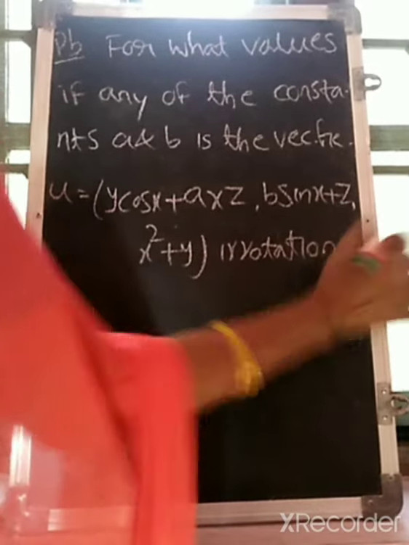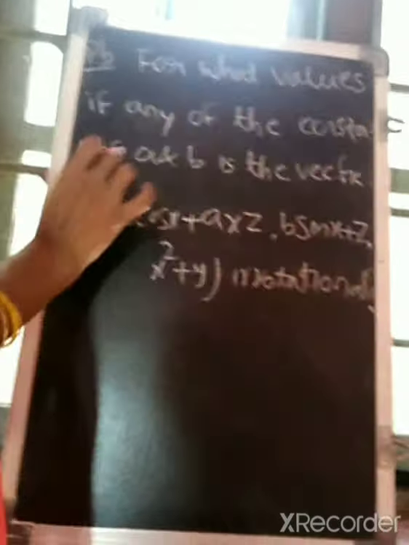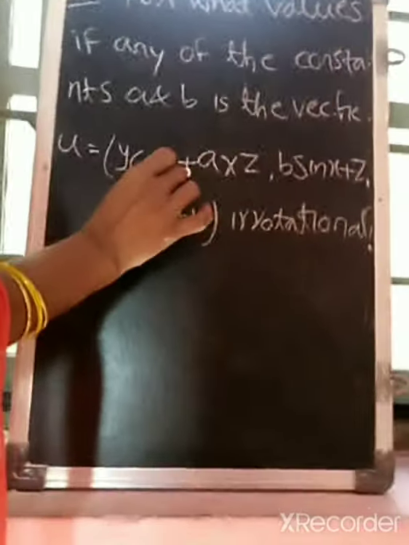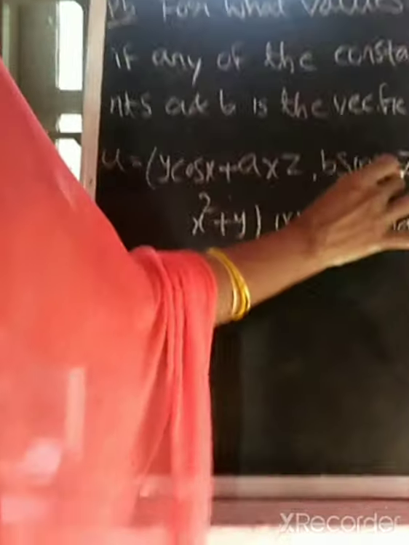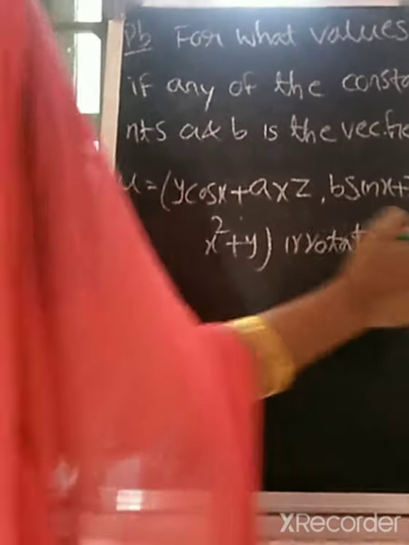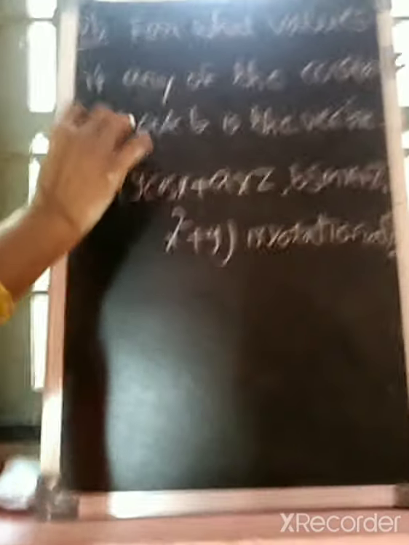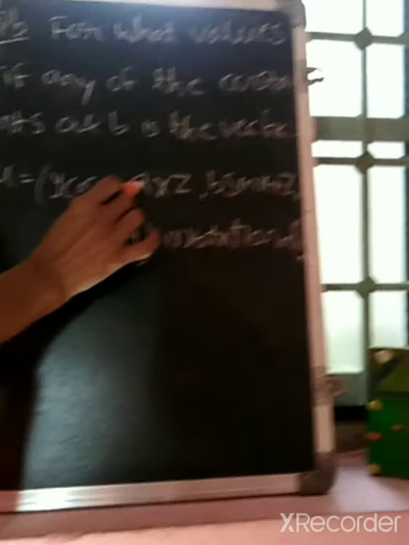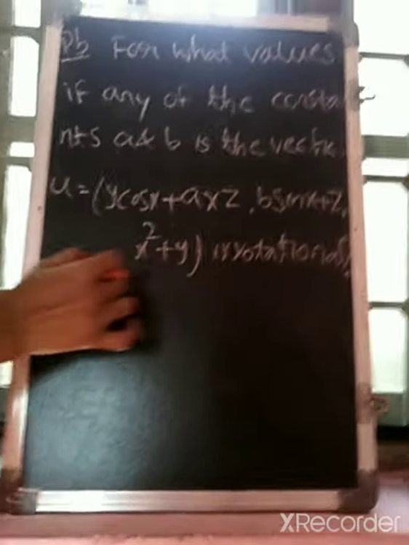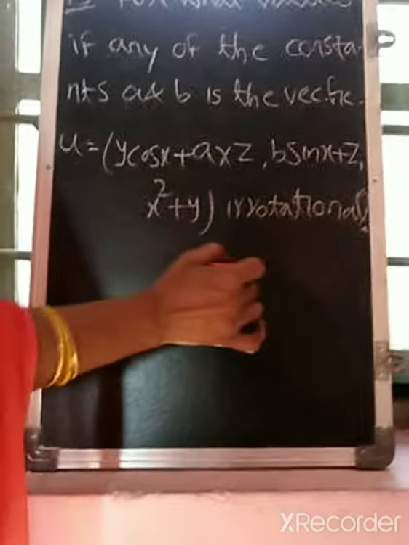So here we find the values of a and b. Suppose we find the a and b values, substitute the a value and the b value, then we find the curl u, and that value is 0.